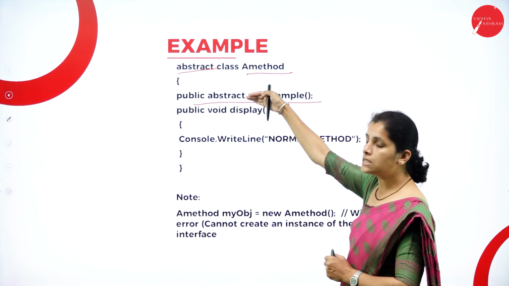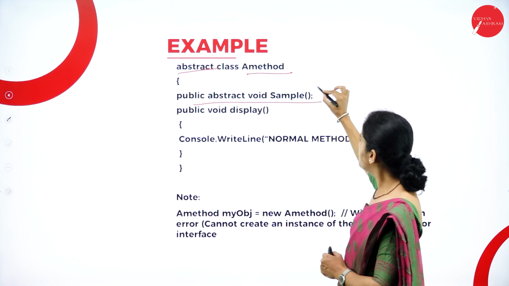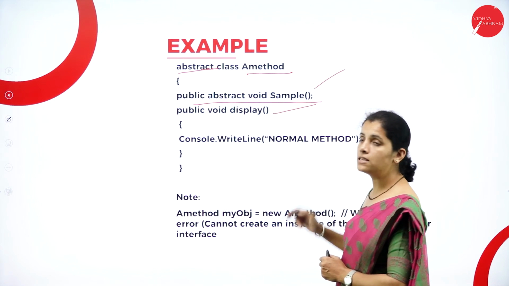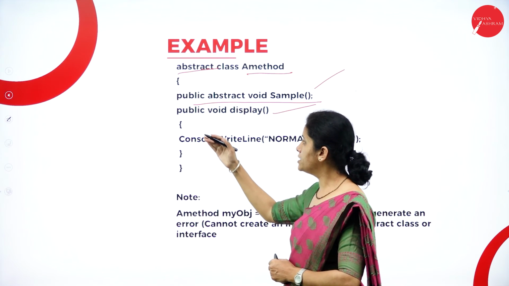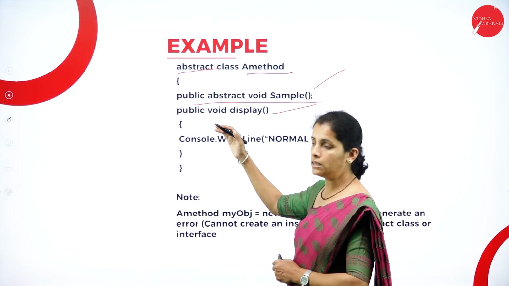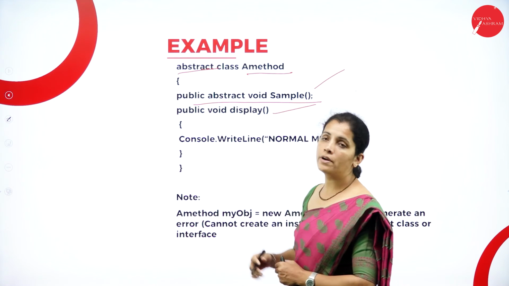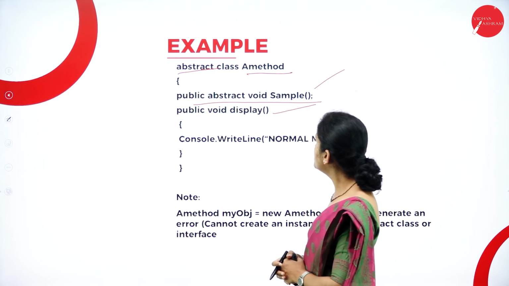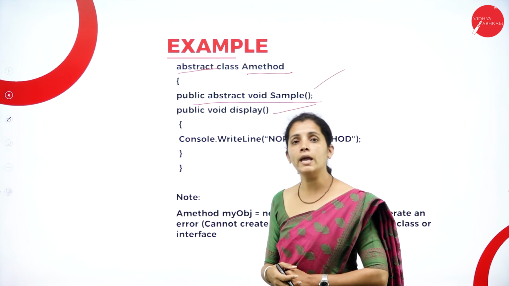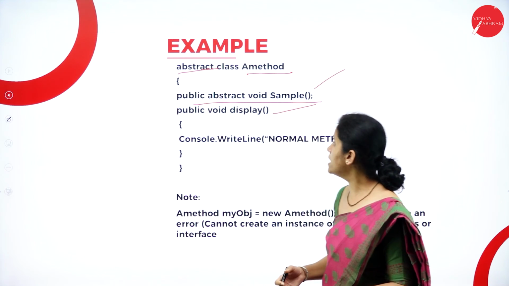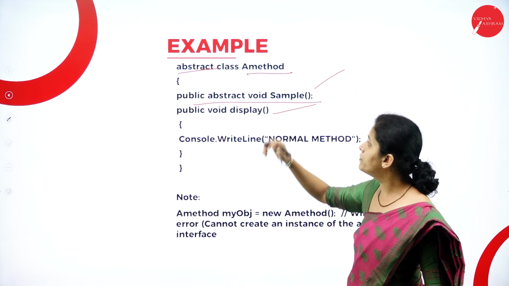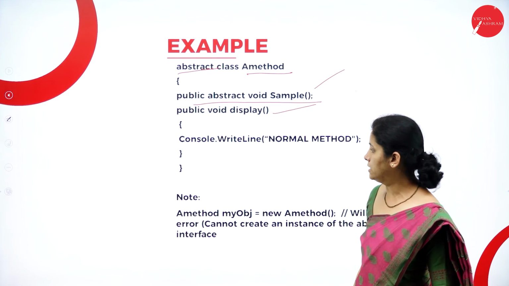Now, in this class, I have an abstract method as well as a regular method. I'm going to write the implementation of the regular method, and if I want to write the implementation of the abstract method, I'm going to write it in my derived class.